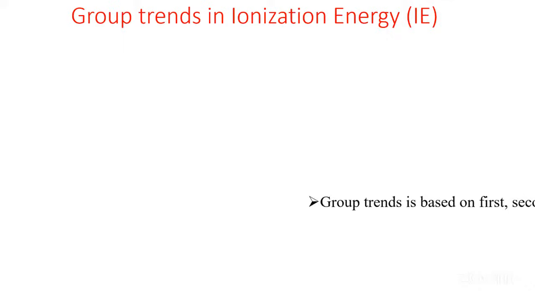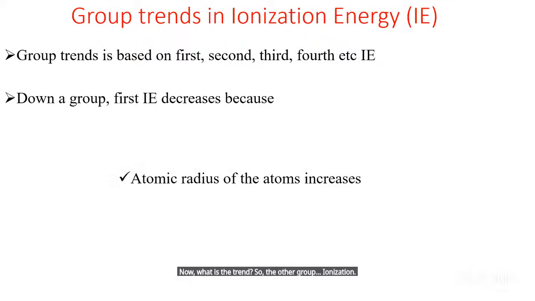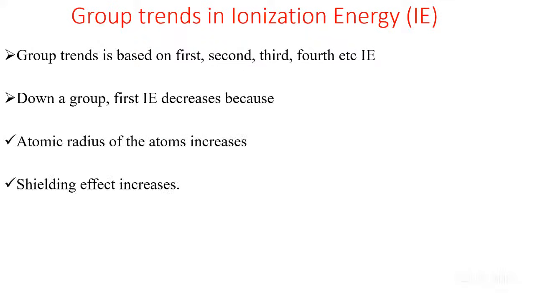So now, what is the trend? Down a group, ionization energy decreases because atomic radius increases and the shielding effect increases.